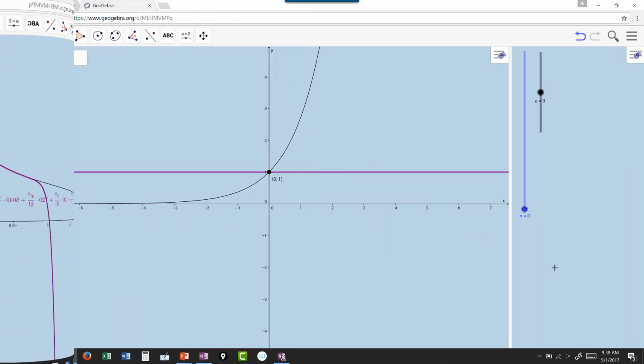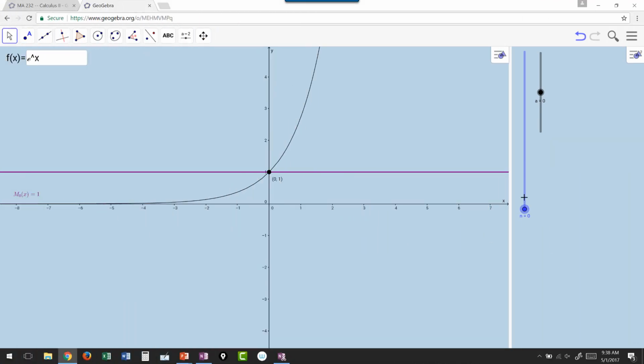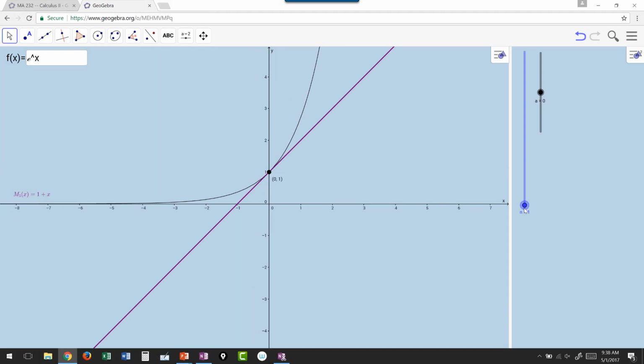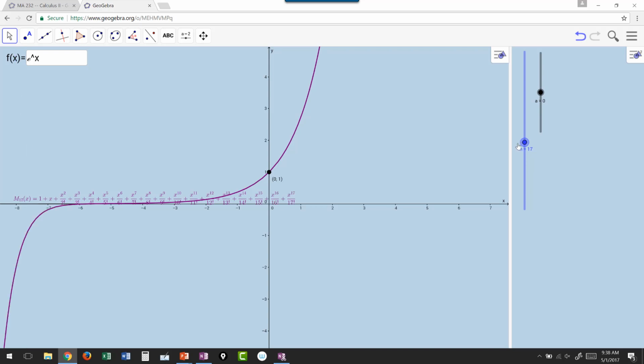All right, we start with the best constant approximation to e to the x. We have the best linear approximation, best quadratic, cubic, and as we go along, we have the sort of flipping up and down behavior that we had before, but notice we're doing better and better as we move off to the left.